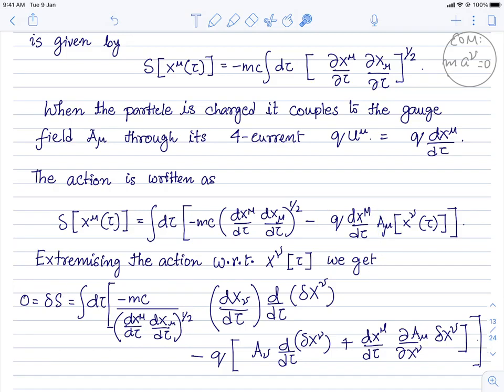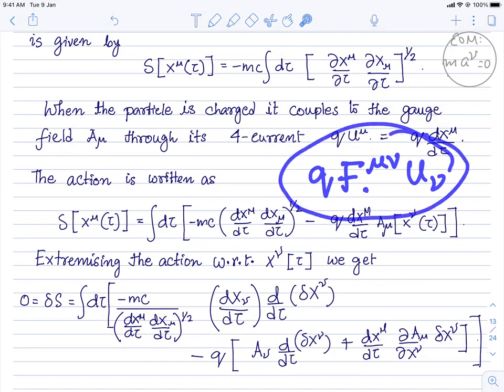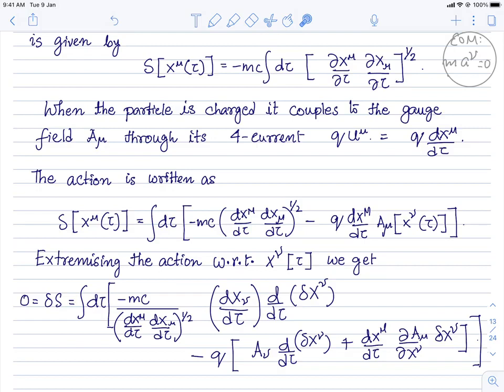While discussing the Lorentz force, we said that this was the form of the Lorentz force as a four-vector, and there we interpreted this q times u as the current corresponding to the moving point charge.